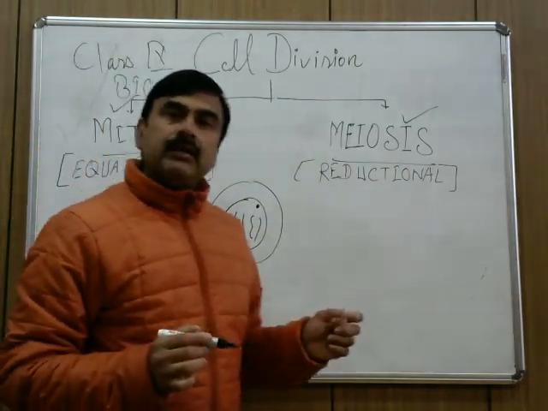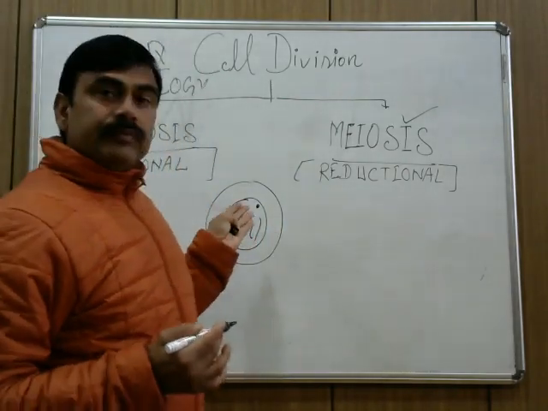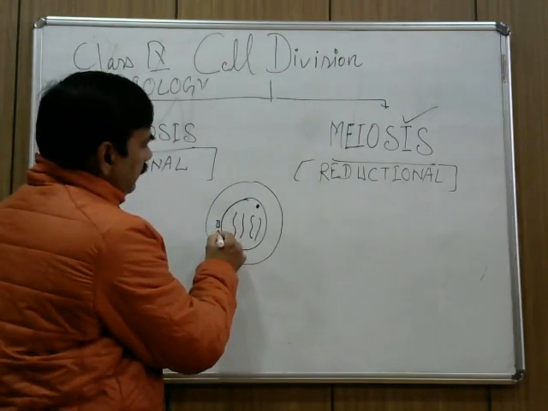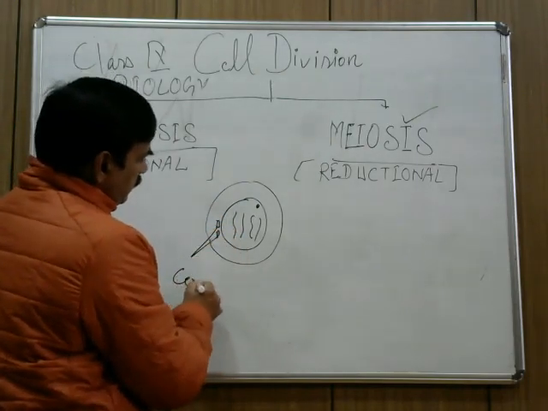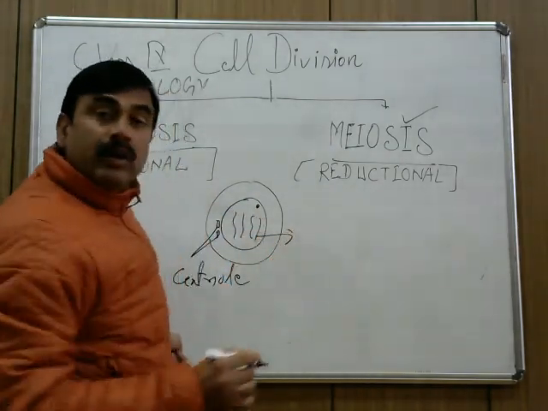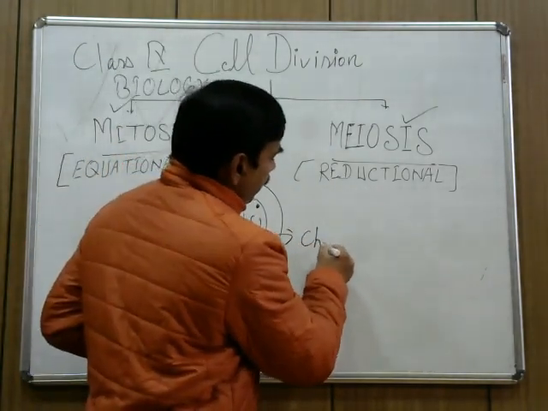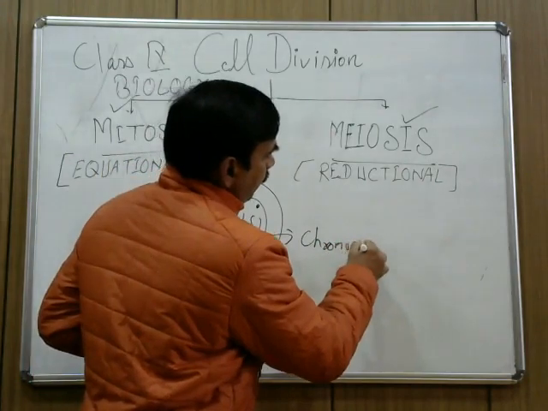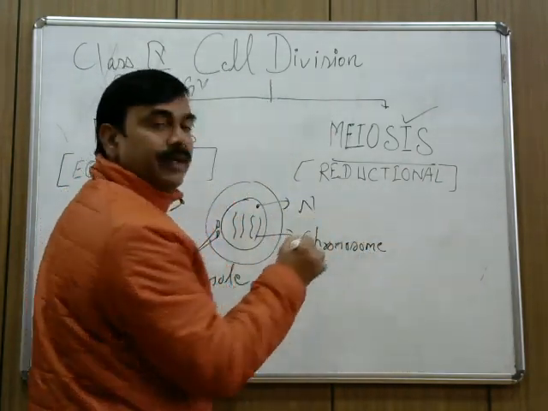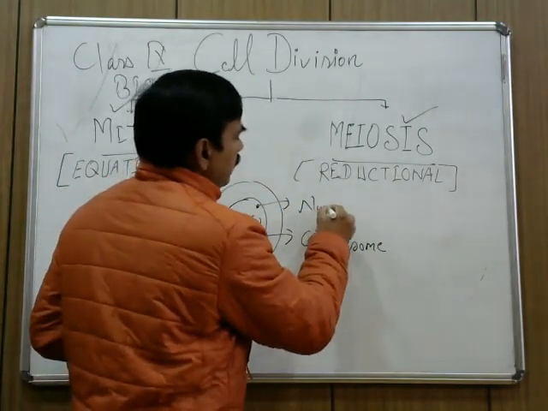Look at the structure, the cell, centriole, chromosome, and the third one is the nucleolus.